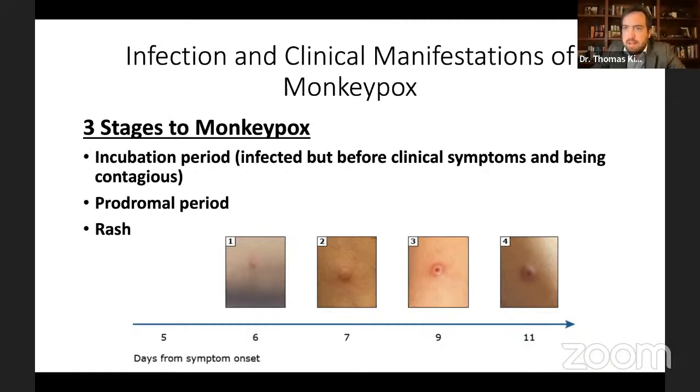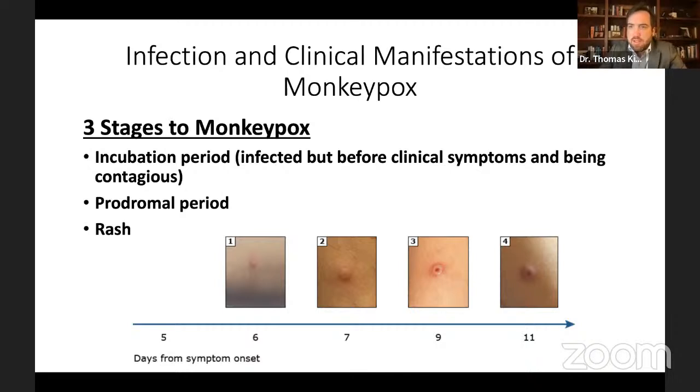Sometimes it develops a dome center, and then crusts over and then heals. From what we know, people are infectious during this rash stage.